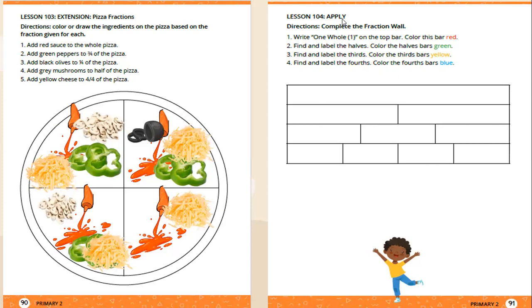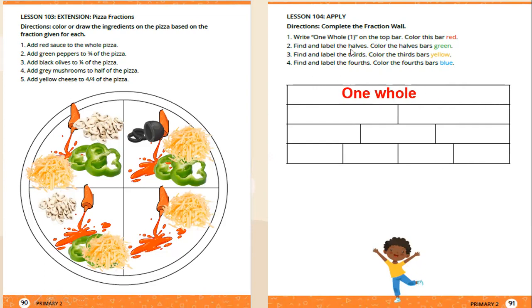Now lesson 104. Complete the fraction wall. Now, my dear students, let's assume that this is a chocolate bar. Okay? Number 1, write 1 whole on the top bar. So the first chocolate bar is 1 whole.